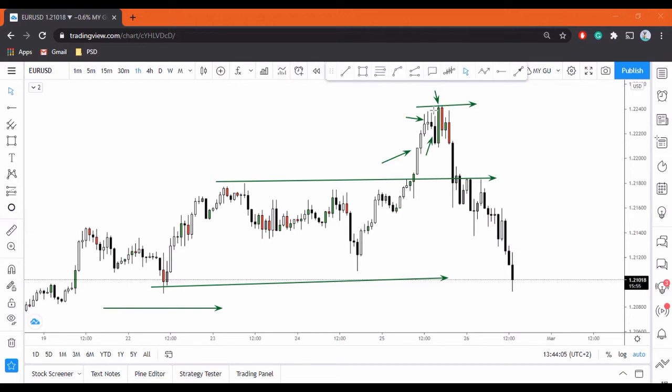So a lot of retail traders probably entered more buys right here, especially with the fact that maybe their stop losses got taken out. So they'll want to revenge. That's where revenge trading comes in. If you lose, it's better to step away from the markets. So when they enter their buys, this is why we get the drop.